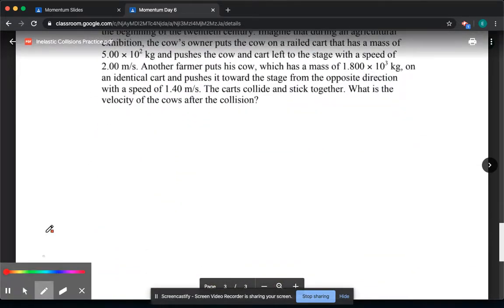Okay, so we are doing number 8. You always want to organize your information. What do we know? What did the problem tell us? So what are we given? What are we given, ladies and gentlemen?